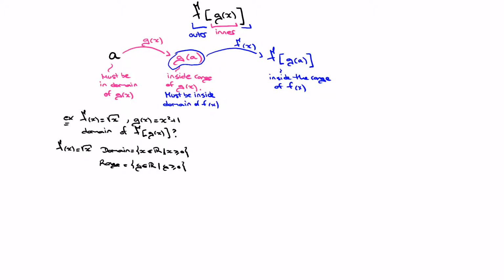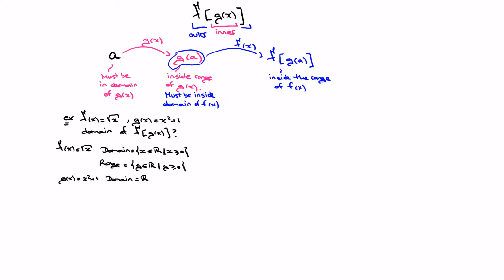Now we do the same for the inner function, g of x. So g of x equals x squared plus 1, and in this case, the domain is all real numbers. Indeed, there isn't a single number for which we couldn't calculate x squared plus 1. So we write domain equals all real numbers.